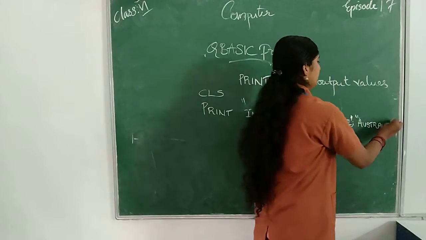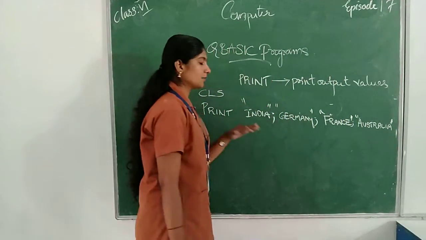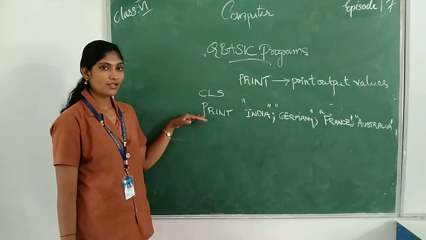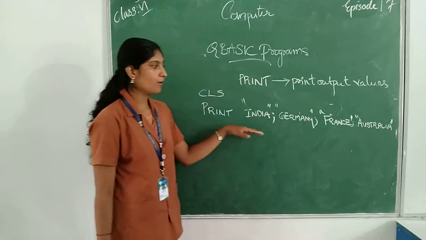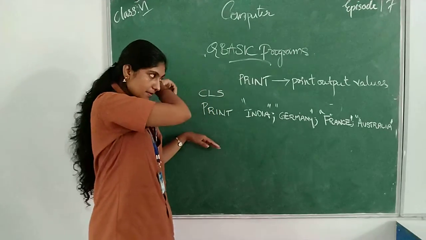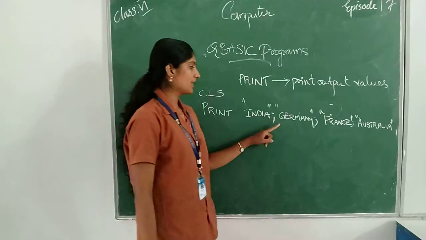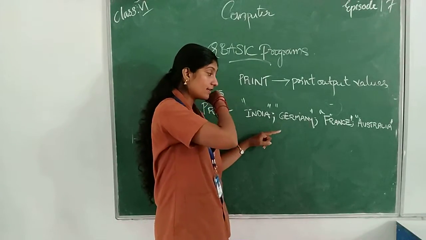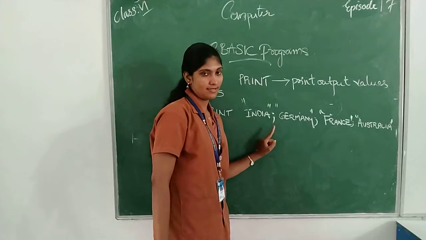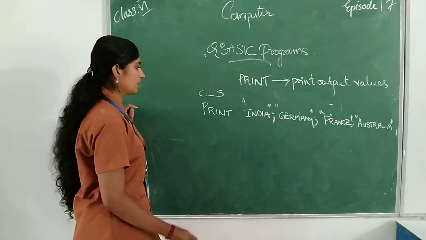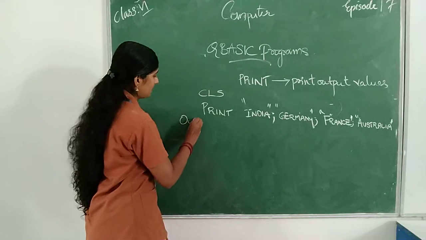So here we need to print the four countries: India, Germany, France, and Australia. But look here, we add a semicolon in between the countries. So what will be the output?